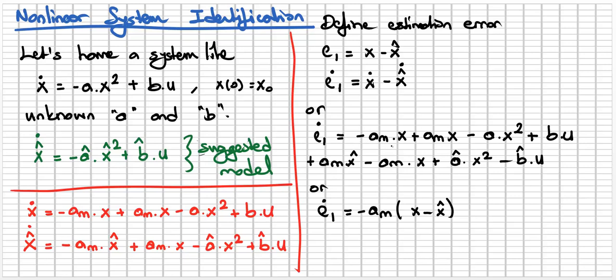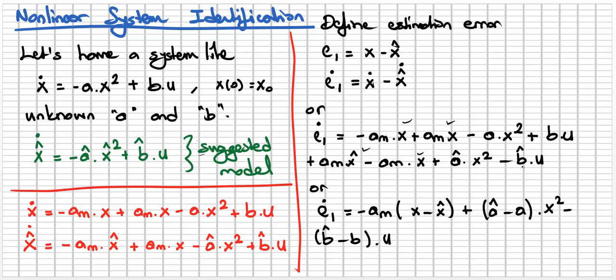And then we also have (a hat minus a) x squared minus (b hat minus b) times u, coming from the equation of these things.